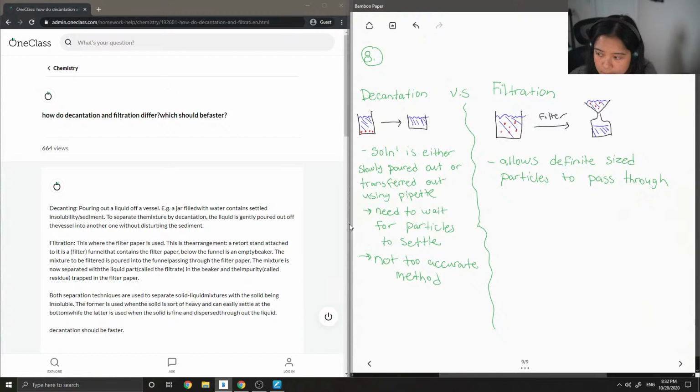And then the rest is collected in the filter. So filtration is more accurate.